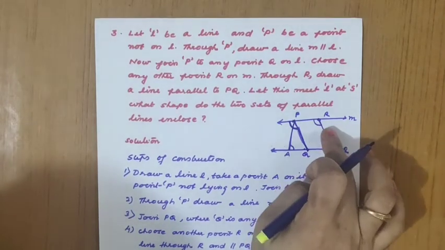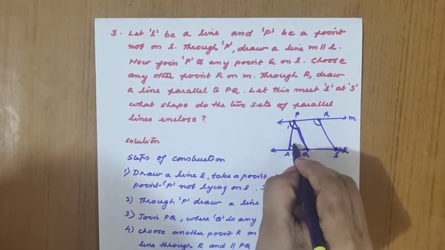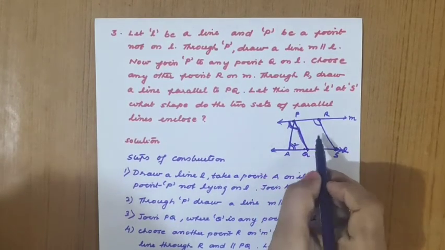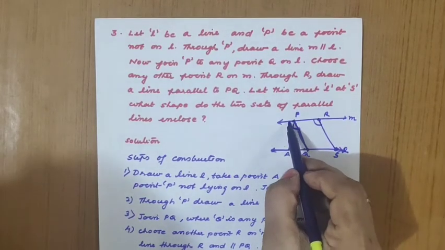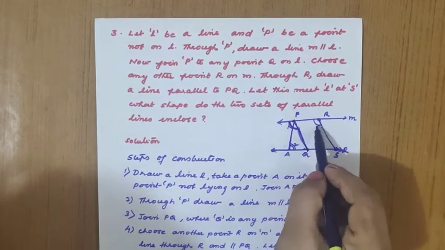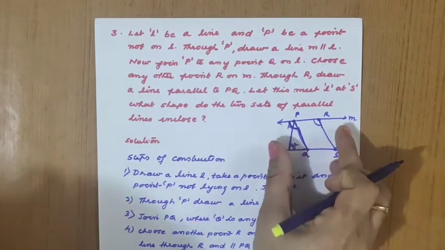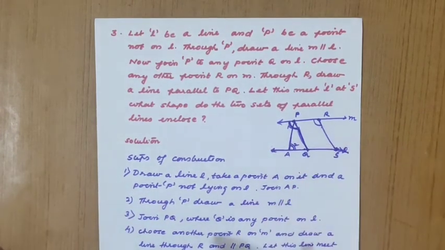This is the idea we are having. Alternate interior angle, that is angle 1 and angle 2, we used for the first construction, but here it is not possible. So what we should do, we will take a corresponding angle measurement here, right? Then corresponding angles are equal. That idea will be used here and we can draw the parallelogram.